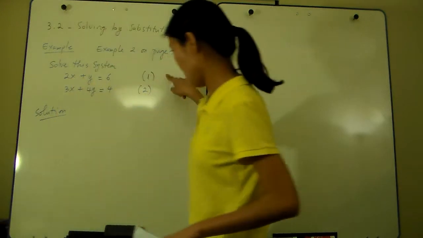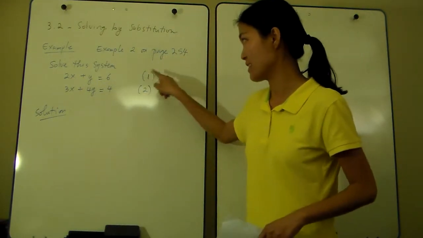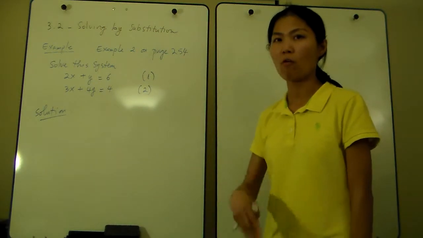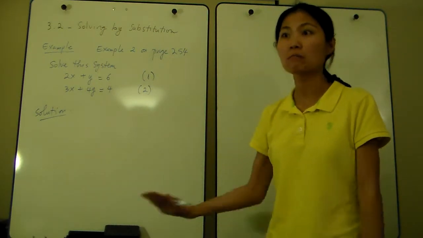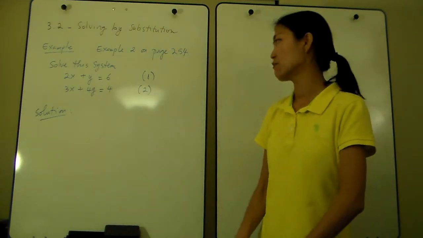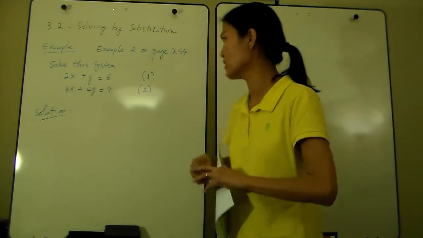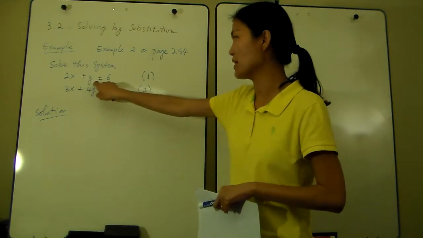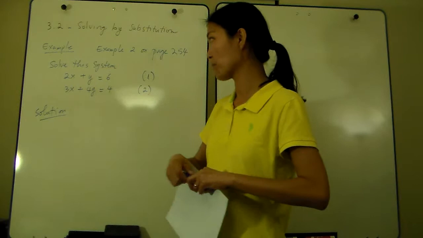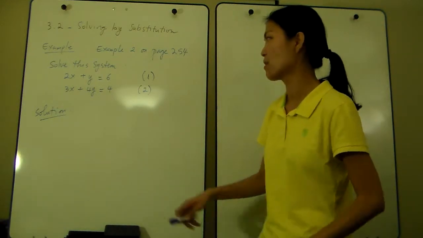So this I call equation 1, this I call equation 2. Now I'm telling you to solve for y equals something, or sometimes solve for x equals something, depending on what you're given. For this case, it looks like equation 1 is already in terms of y, just 1 times y, which is y. And we want to solve for y.